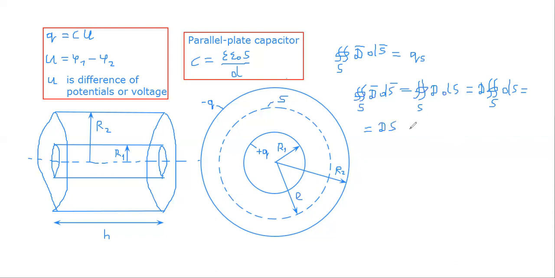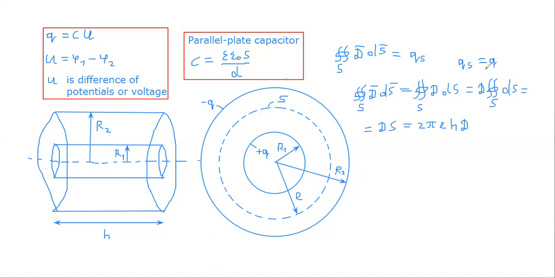S, and the square of the side surface of the cylinder is 2πLH, multiplied by D, and the charge inside the surface S is equal to the charge of the internal cylinder.